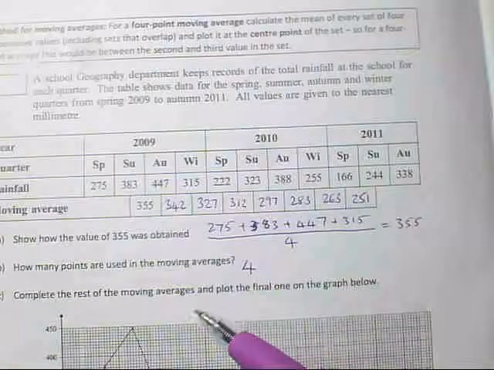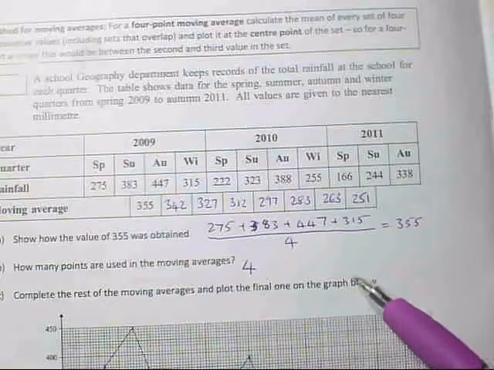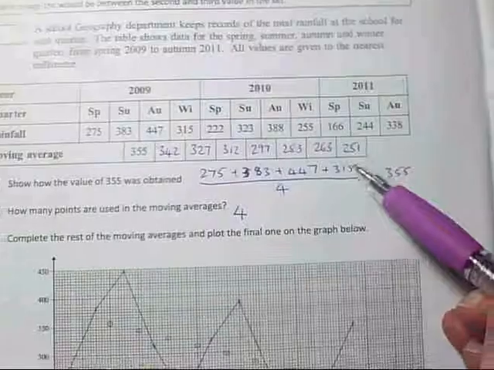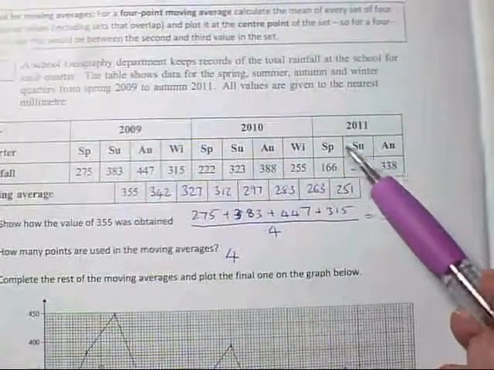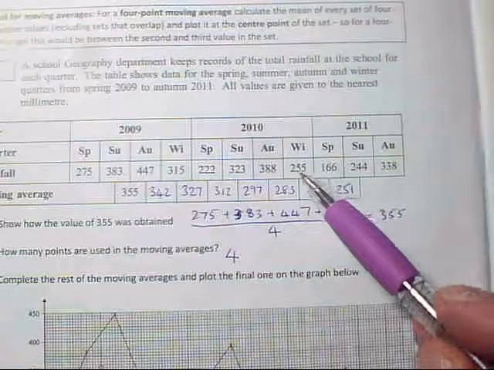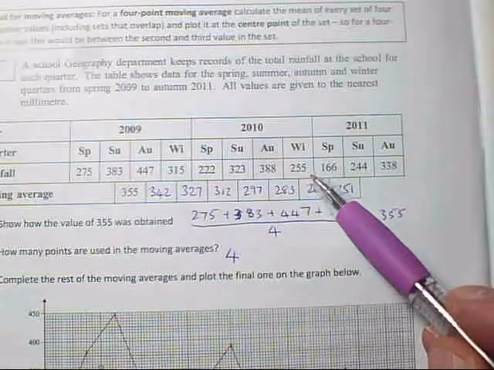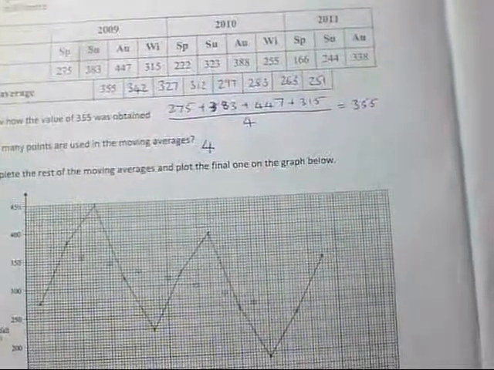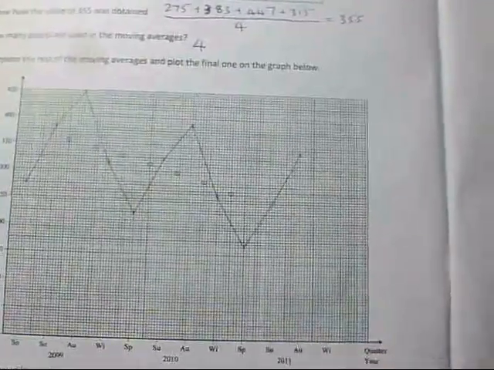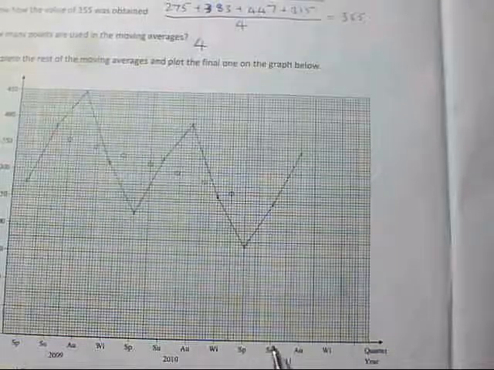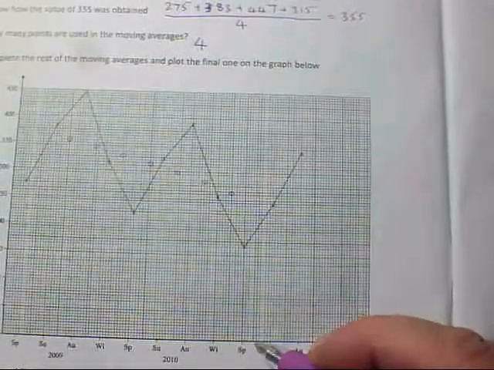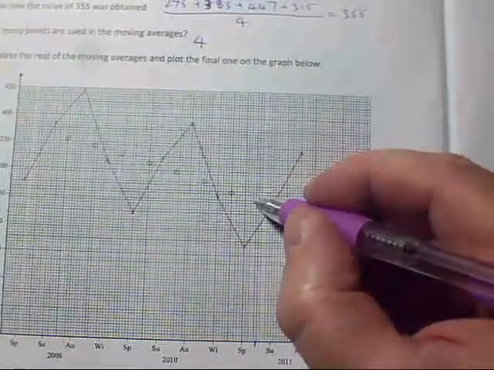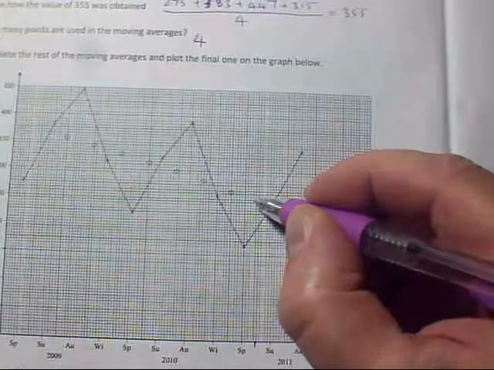Then we've got to add the final moving average to the graph below. That's the 251, so I've got to find where it goes. This was formed by looking at winter, spring, summer, autumn from the end of 2010. The midpoint of that is there, so I need to go to this value here, and I need to go up to here and find 251.